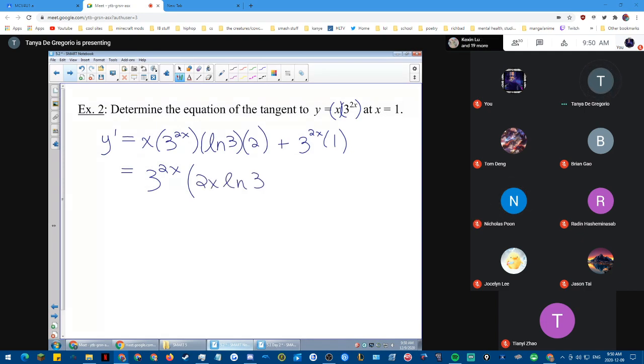Perfect. Okay, so it's ln 3 times 2x, okay guys? Okay, so this is my slope function. So now, when I sub in x equals 1, I have 3 to the exponent 2. I've got 2 ln 3 plus 1.